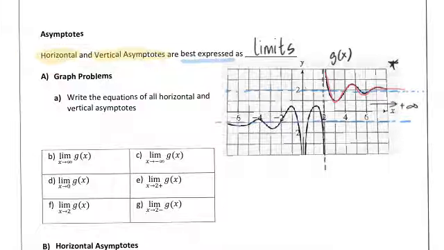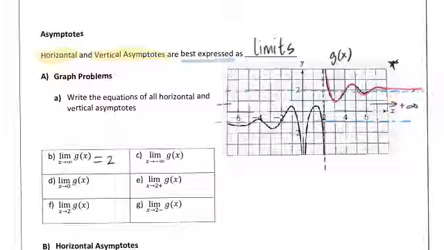I grant that this graph is not super clear about that. Usually it might be extended like this, and it would be made very clear that as x goes to infinity, the y value is settling down to y equals 2. And that is a horizontal asymptote. So we can say this is equal to 2.